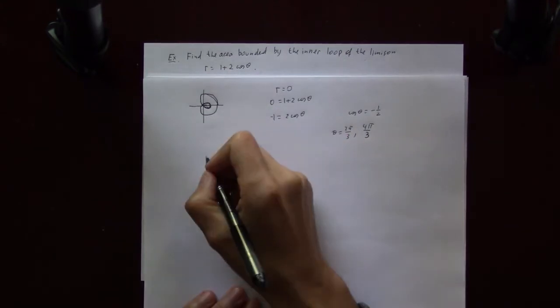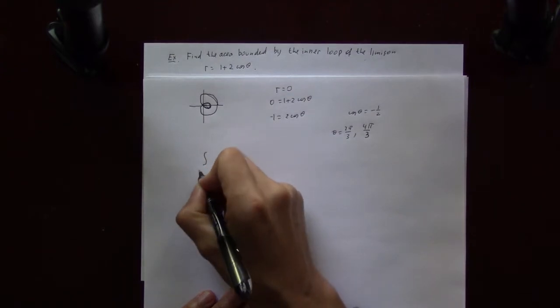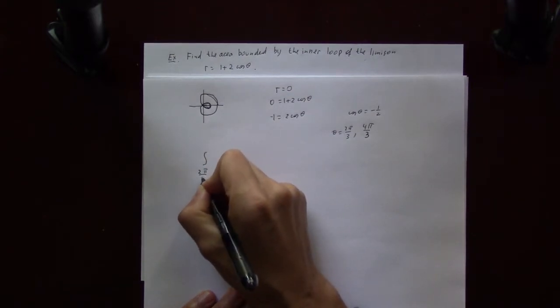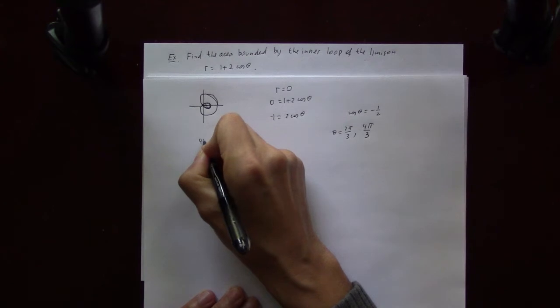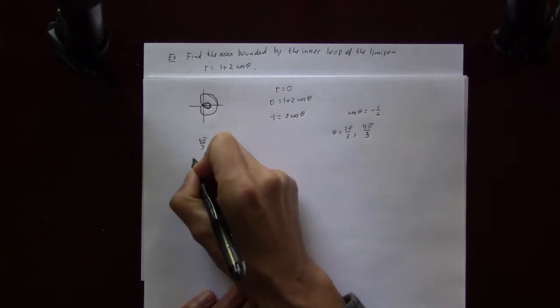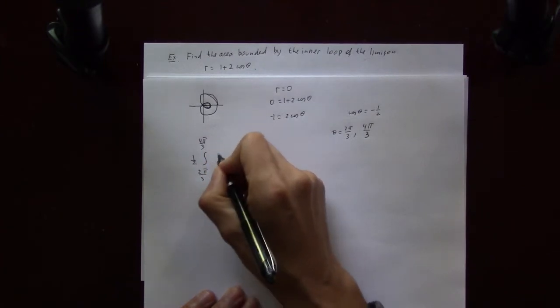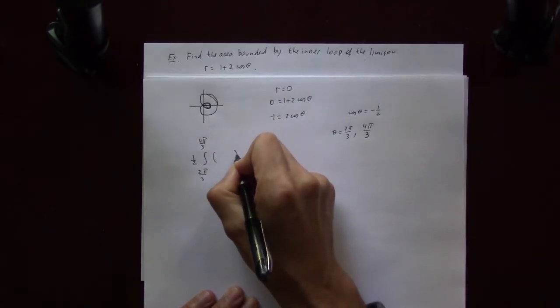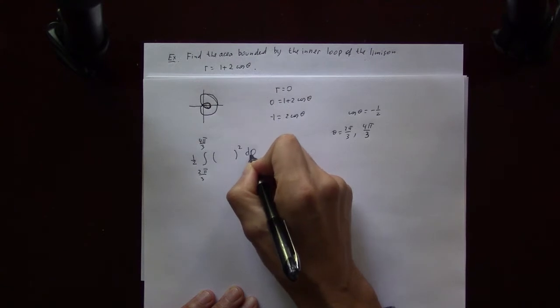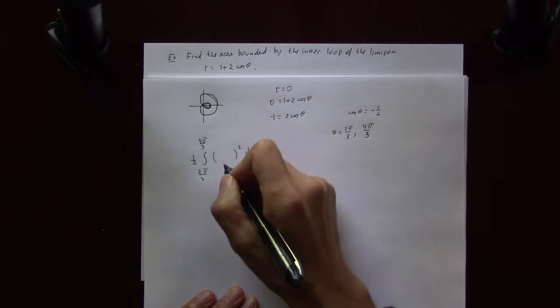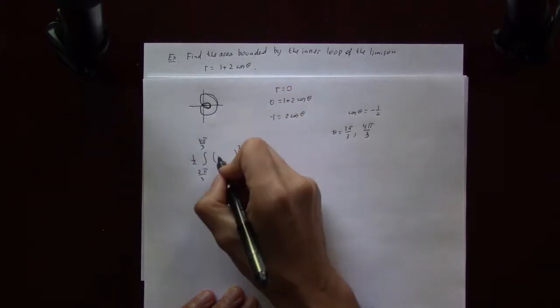Now, if we know the limits of integration between 2 pi over 3 and 4 pi over 3, we write in our formula for area in polar, 1/2 r squared d theta. Write down our expression for r, 1 plus 2 cosine theta.